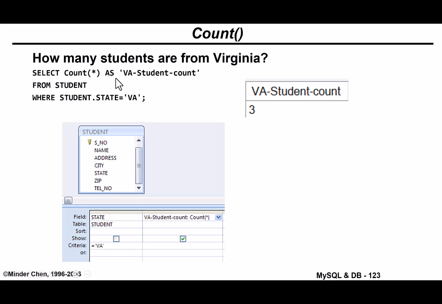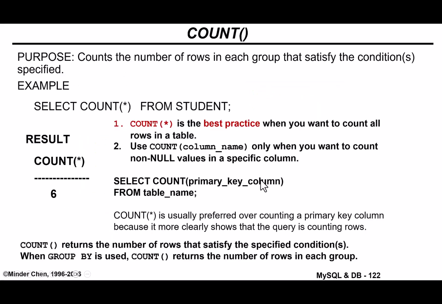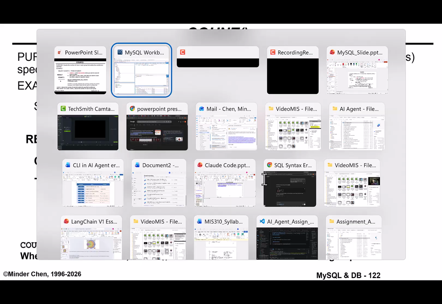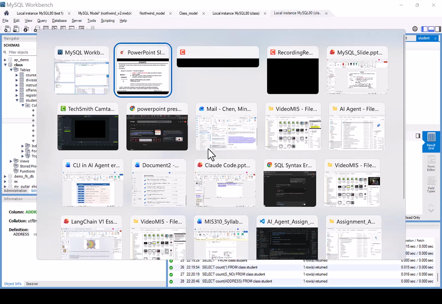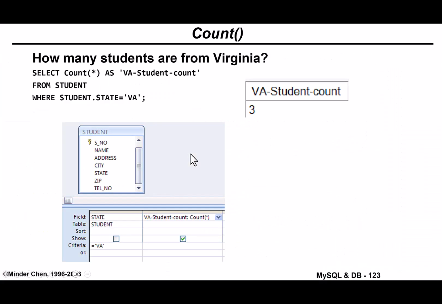Let's look at here. You may notice that when we use count, the column name actually is the formula. Count address, count asterisk will show up as a column name, which in a lot of cases is not ideal. So we could use an alias. For instance, we are counting how many students live in the state of Virginia.